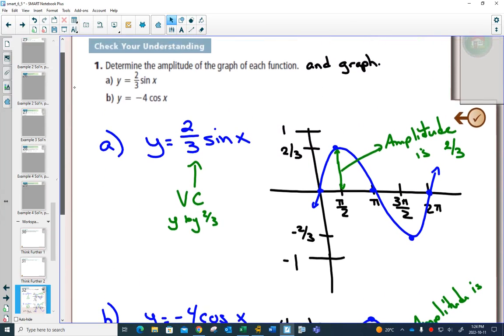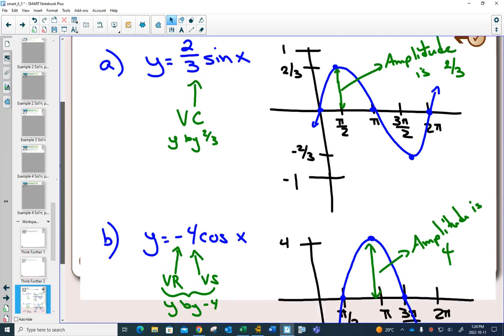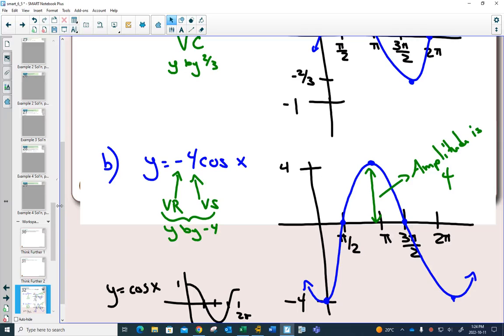So step 1 for shortcuts for sine and cosine graphs is that the number in front, in other words, a vertical stretch or vertical compression, will always equal the amplitude. So this one we have a 4 out in front, the amplitude is 4. First one we had a 2/3 out in front, the amplitude is 2/3.